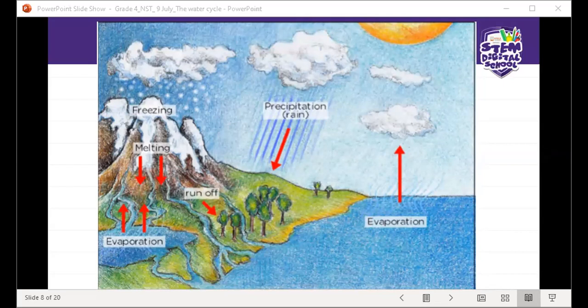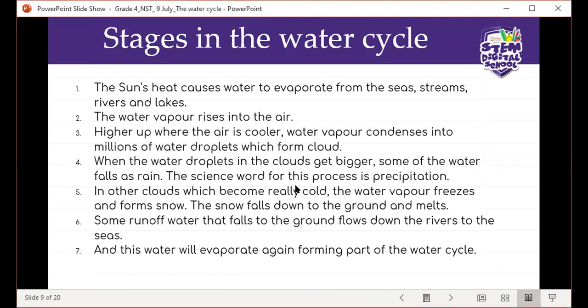Just make sure that your mics are off. Okay, thank you very much. All right, so let us continue. So here we have the stages. Ma'am, it was mine that was on. Okay, just please switch it off now. Yes, ma'am. Thank you very much.